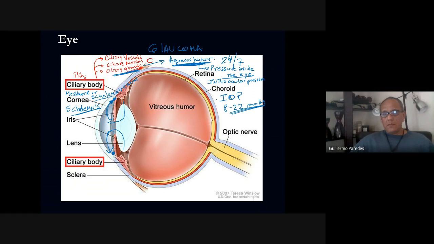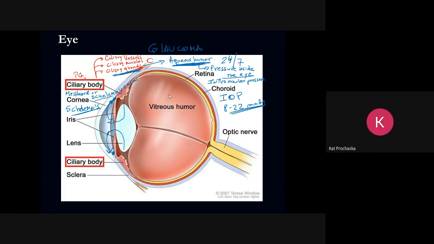Okay? You okay with that? Which element is going to produce the intraocular pressure? It is the pressure of the aqueous humor. You okay with that? Yes. Okay.